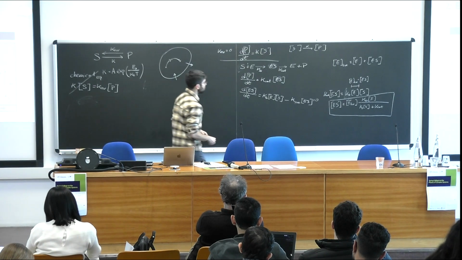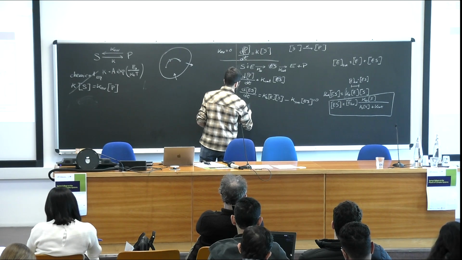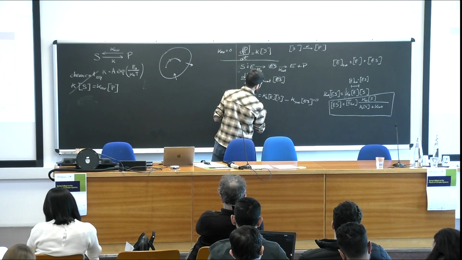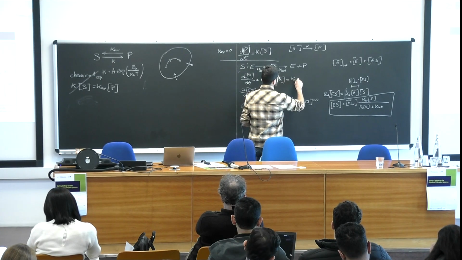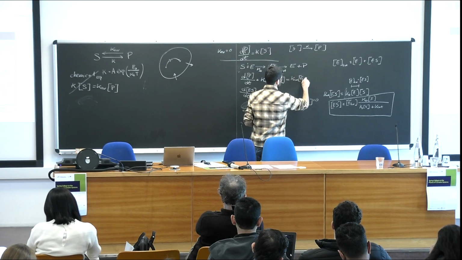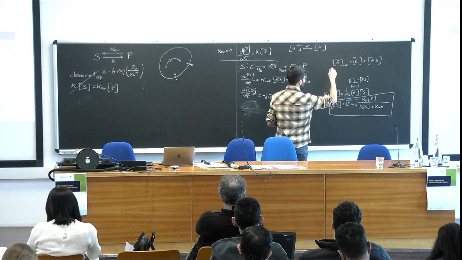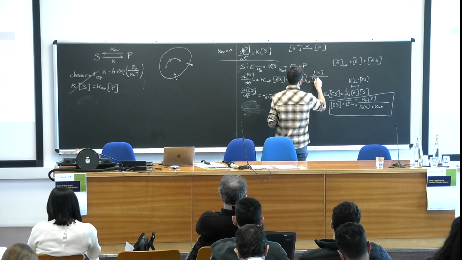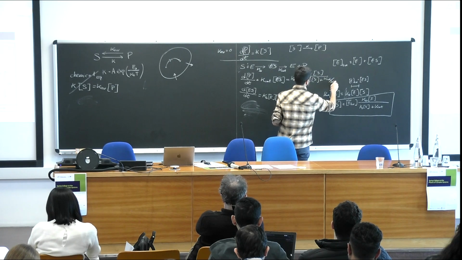Okay, and so now, if I substitute this expression in the first equation, what I get is k cat e dot, and I can write this as S over S plus k cat over kb.